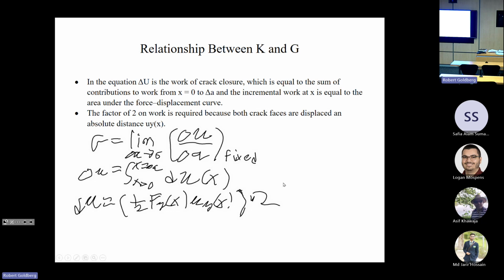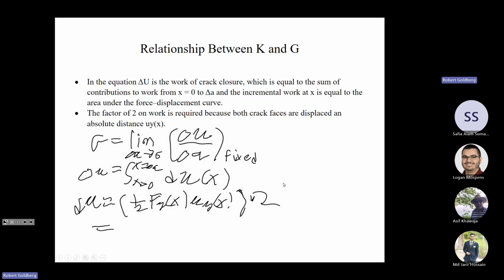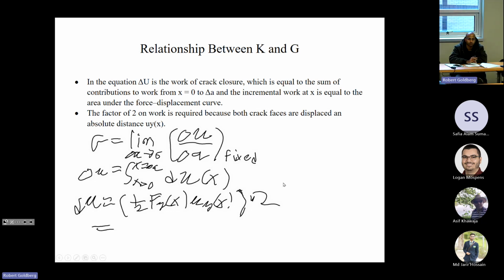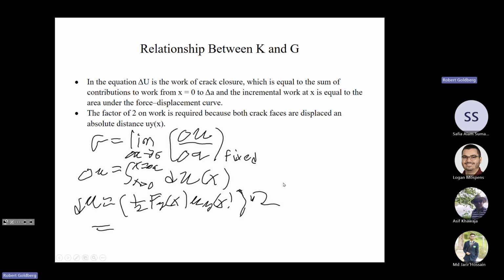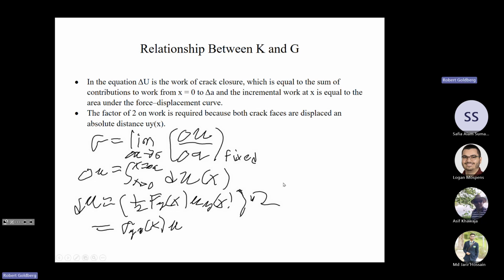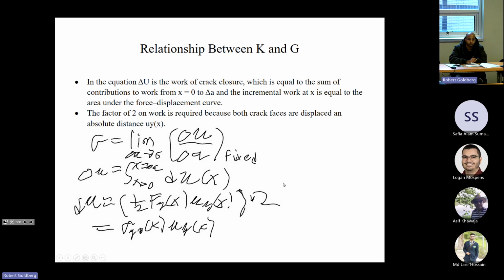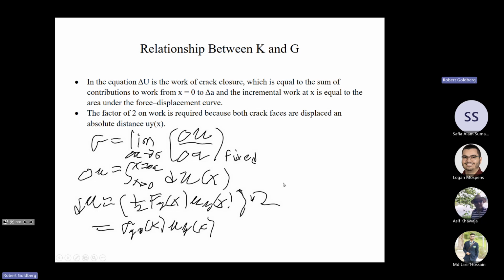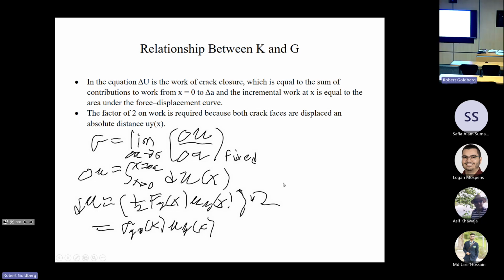And the other thing we can do is remember from strength of materials, a force is equal to a stress times an area. So we can say this Fy of x is equal to our stress for our current value of x multiplied by our displacement, multiplied by the thickness, but it's just a unit thickness.